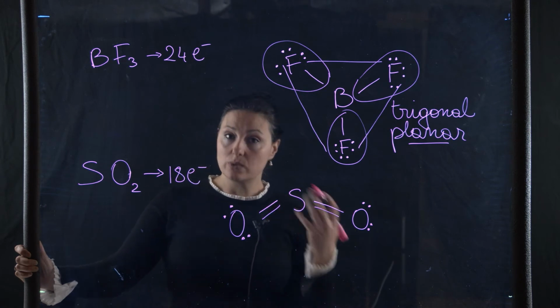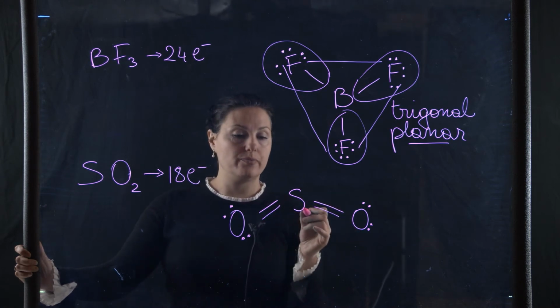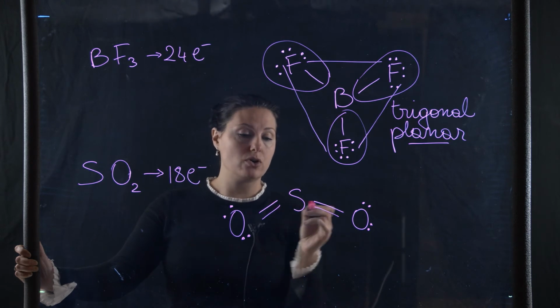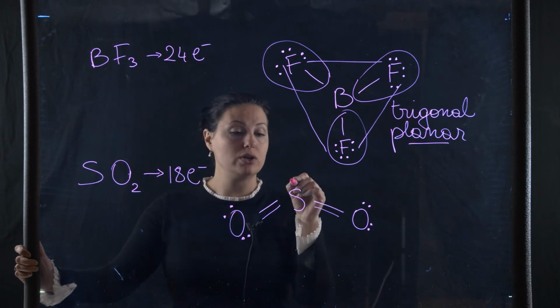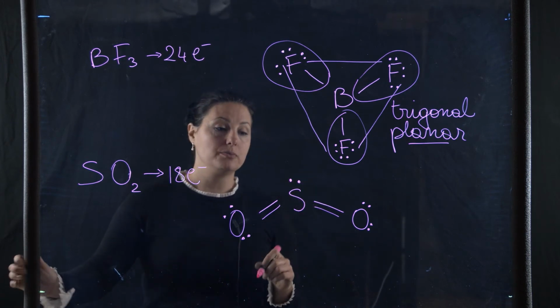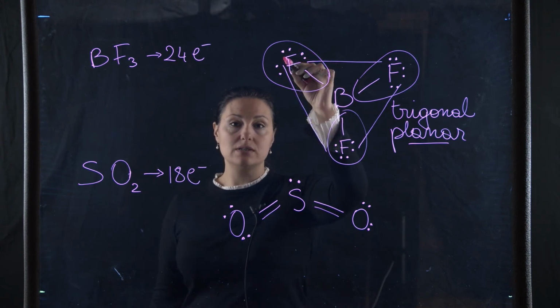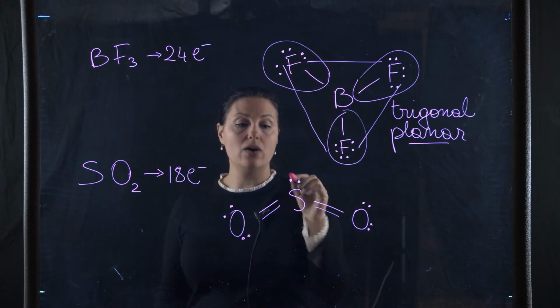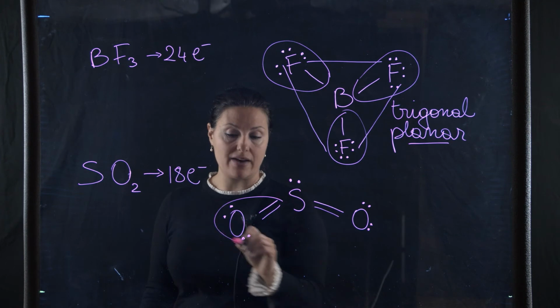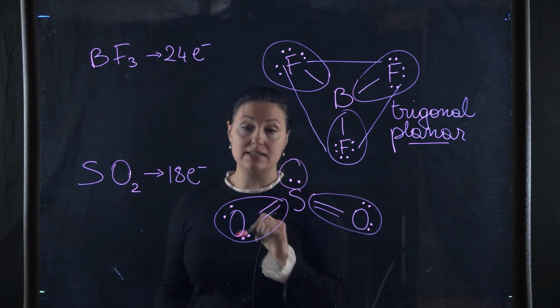Now sulfur is one of those that can accommodate more than 8. So it's got 2, 4, 6, 8, but I have 2 more electrons, and those will go as a lone pair on the sulfur. Note that I have replaced one of these atoms with a lone pair. So now I still have 3 groups because I have 1, I have 2, and this counts as a 3rd group.